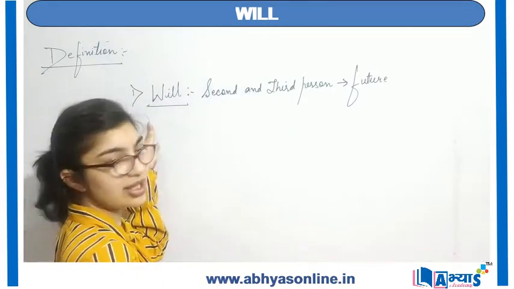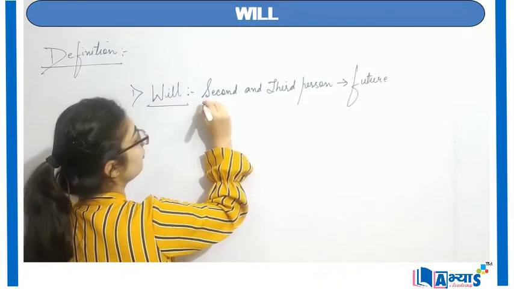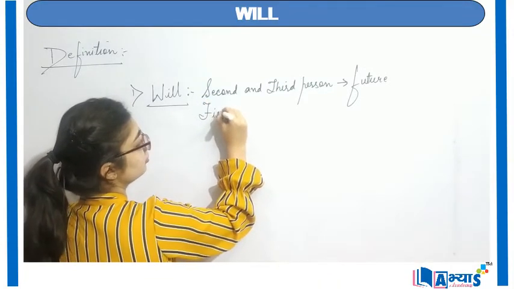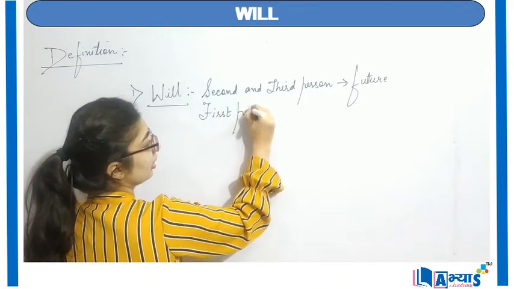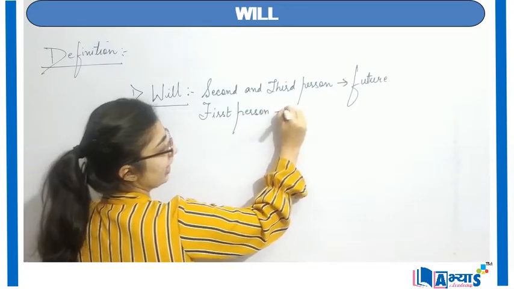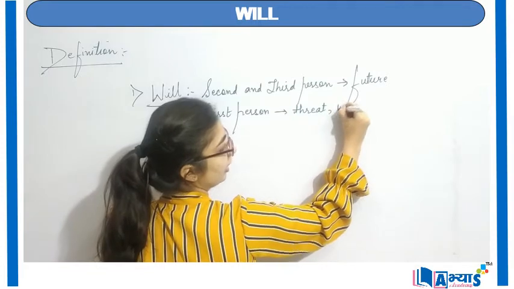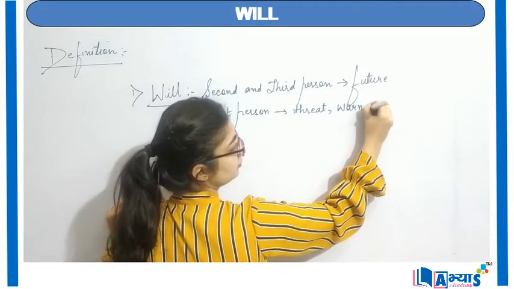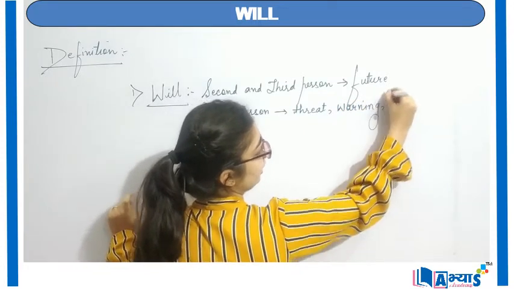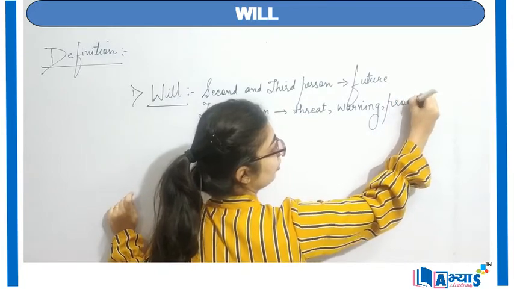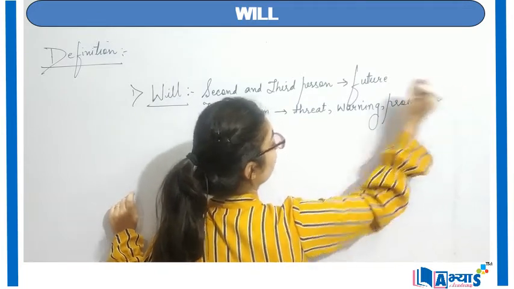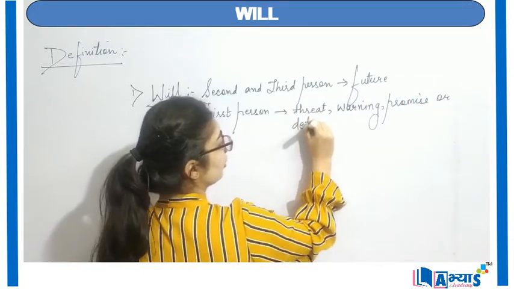But when will is used for the first person, it always indicates a threat, a warning. It can also indicate a promise or a determination.